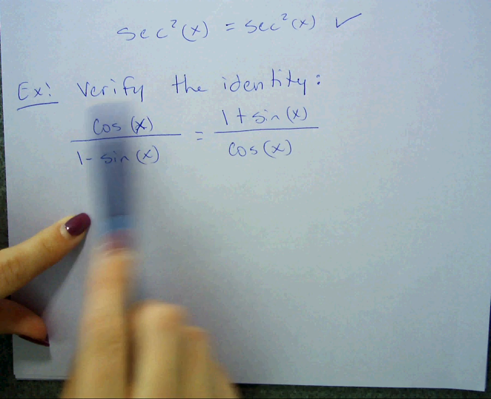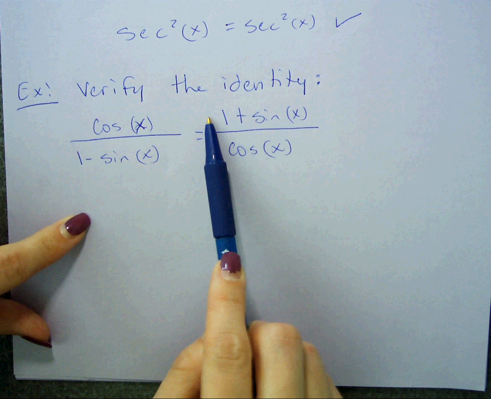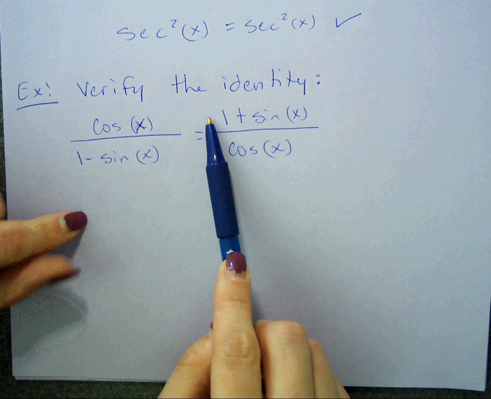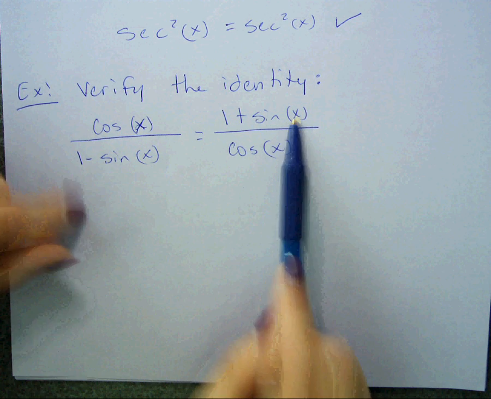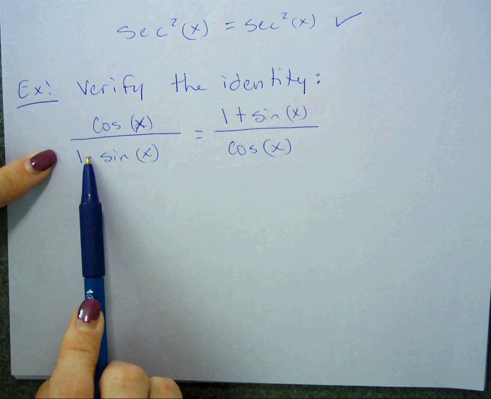If I start with the left-hand side, I need 1 plus sine on the top at the end, right? So I'm going to go ahead, I'm going to force the left side to have 1 plus sine on the top. So I'm going to take the left side, and I'm going to multiply top and bottom times 1 plus sine. That's what has to be there, so I'm going to put it there.